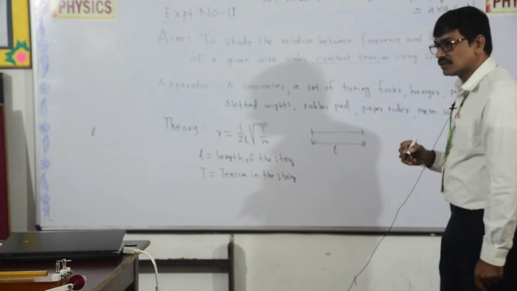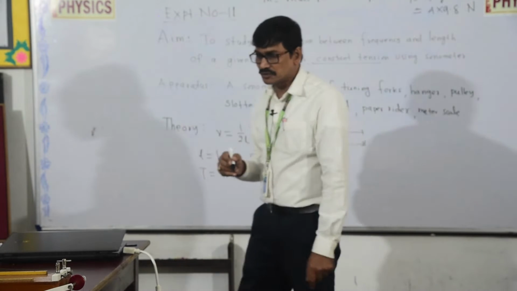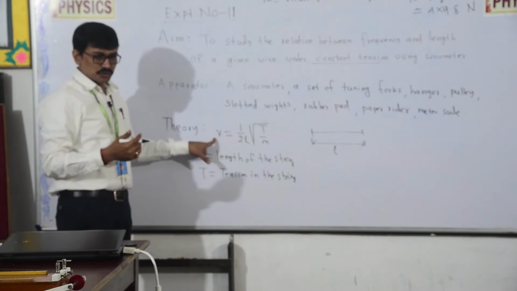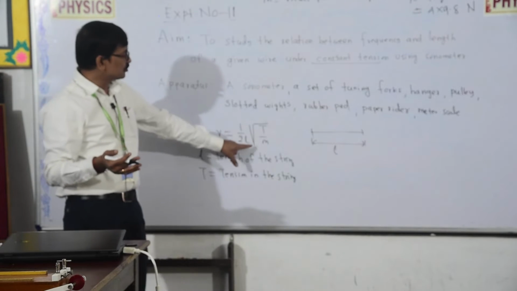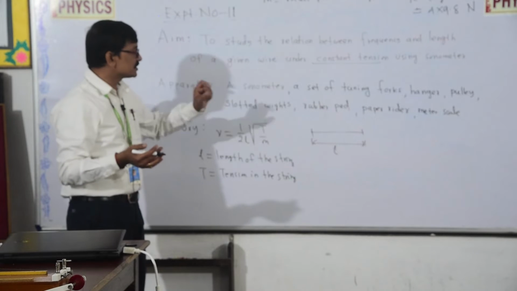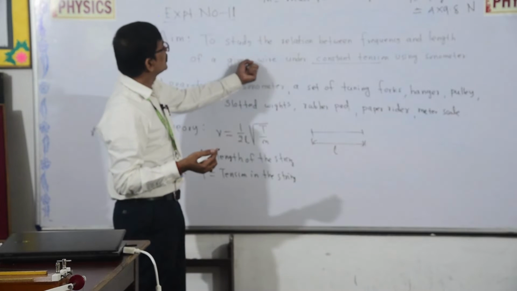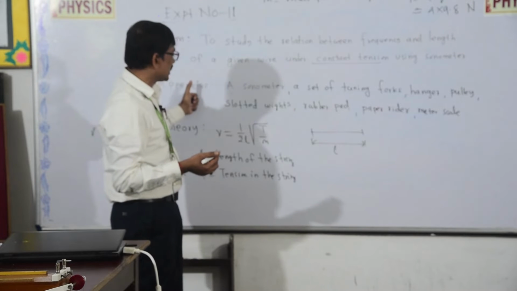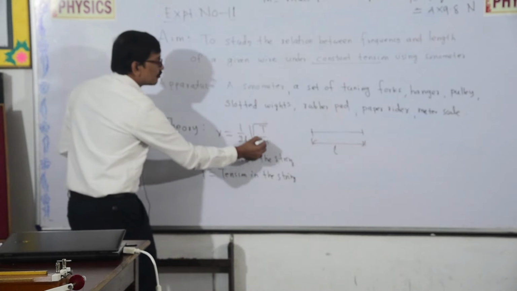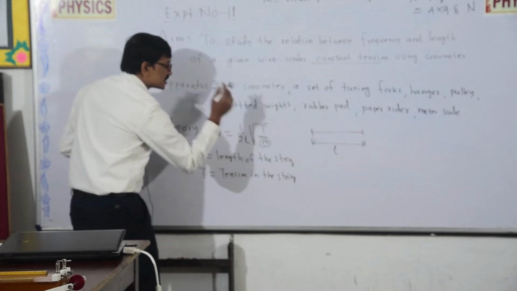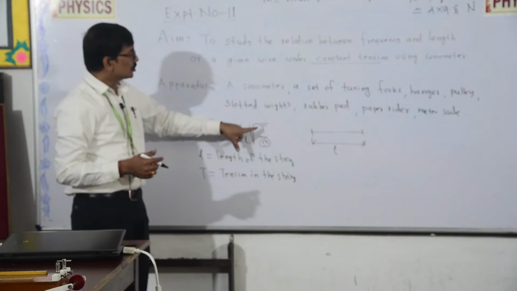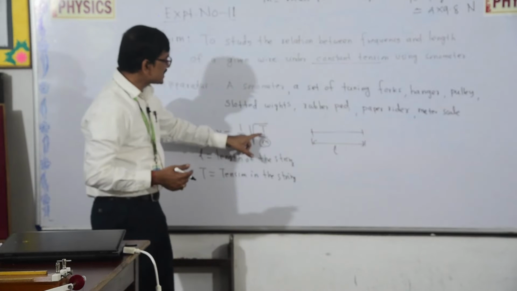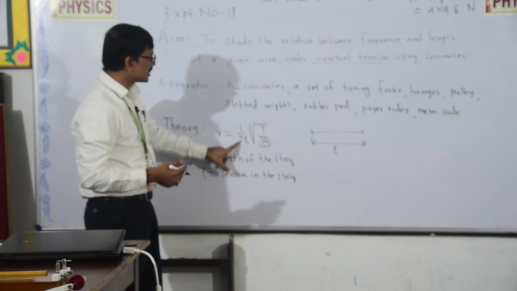We will take different frequencies, and according to the change in frequency, the length will also change. Particularly we will draw the relation between frequency and length. Since mass per unit length is constant and we have considered constant tension, 1 by 2 is constant.